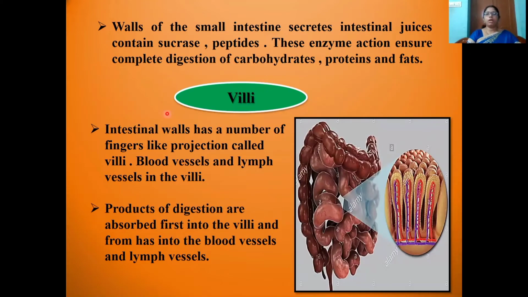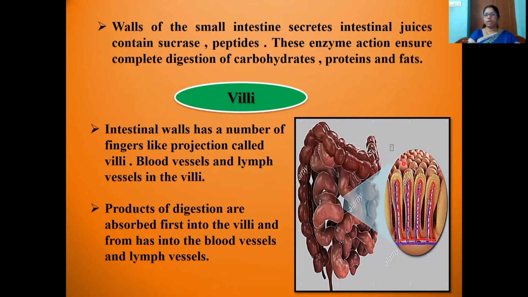The walls of the small intestine secrete intestinal juices, which contain sucrase and peptidases. These enzyme actions ensure complete digestion of carbohydrates, proteins, and fats. Children, we can see this picture.